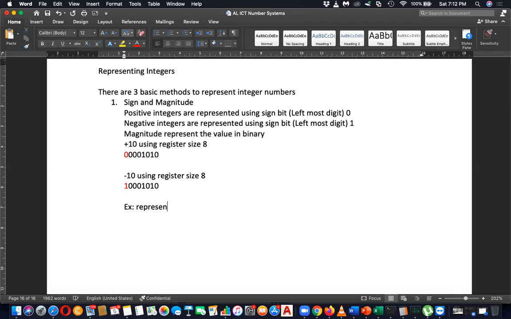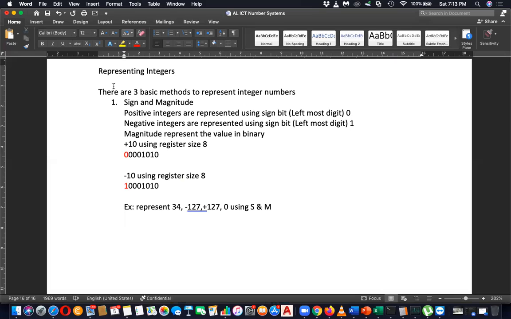Represent 34, minus 127, plus 127 and 0 using S and M, sign and magnitude. So please do this.